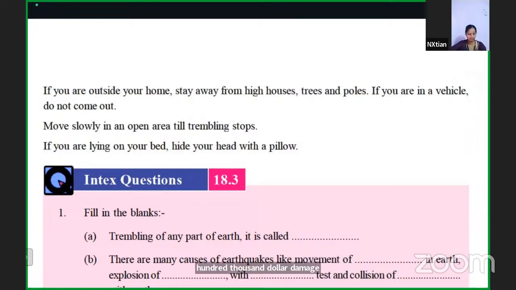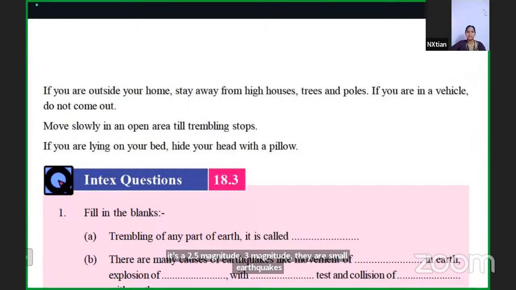So, this earthquake happens. Now there is a magnitude. That is the term used to measure the intensity of an earthquake. If it's 2.5 magnitude or 3 magnitude, they are small earthquakes of very low magnitude.